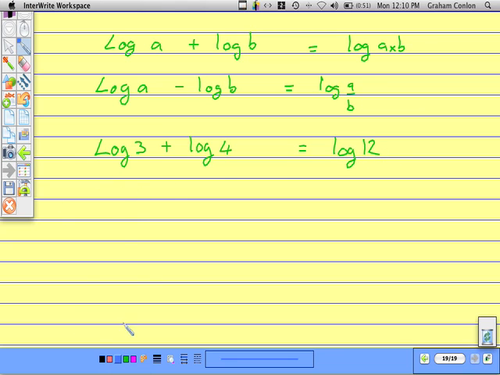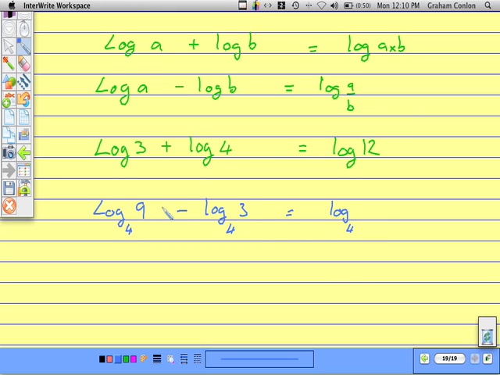Now they may try and throw you to see if you understand the basic idea. They might write this: log base 4 of 9, take away the log base 4 of, let's say, 3, and they'll say that's a log of a single number. You just write log base 4.